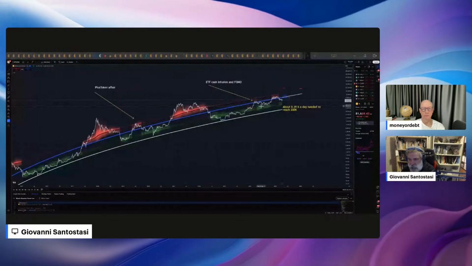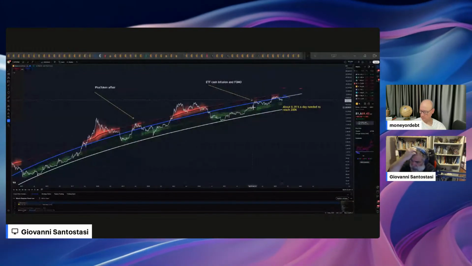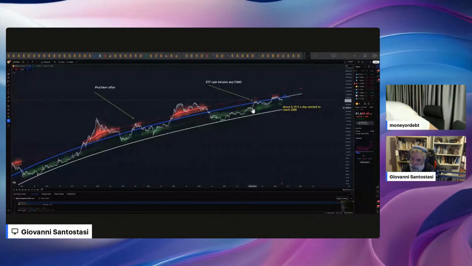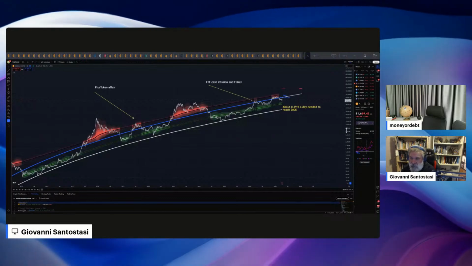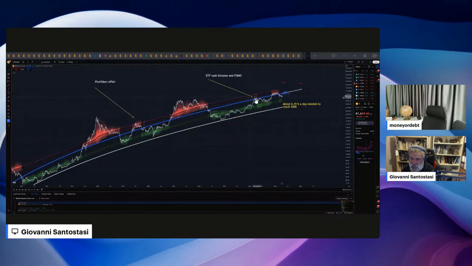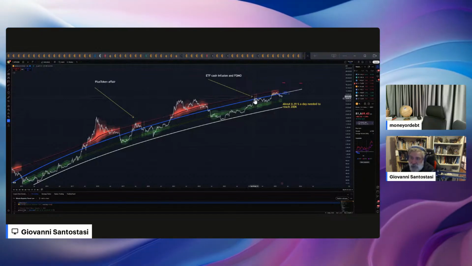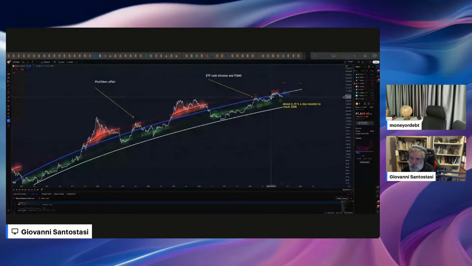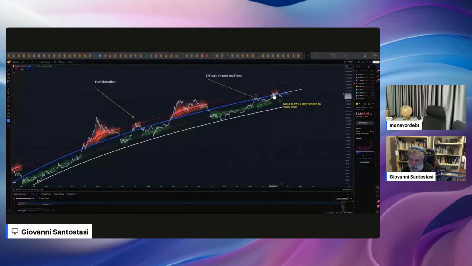The price started to be pushed up by news about the ETFs, and so we reached the middle when we were supposed to be closer to this green area, and the price corrected. And then, as we were approaching the usual time when we go into the red area, we started to have again a bull run.